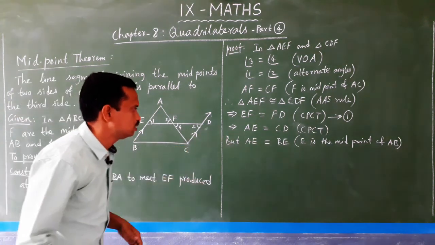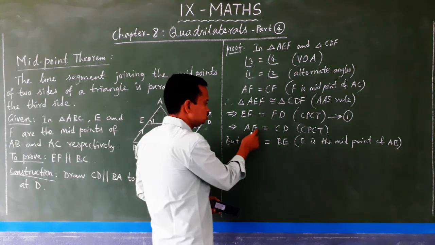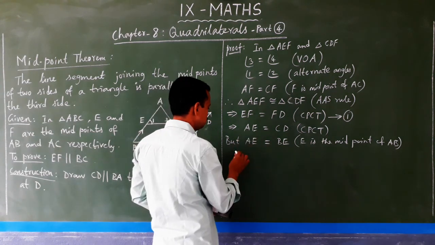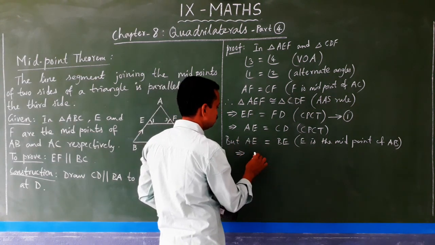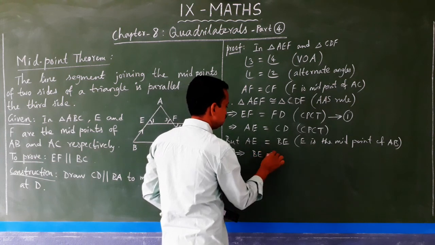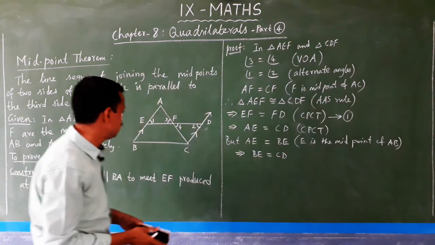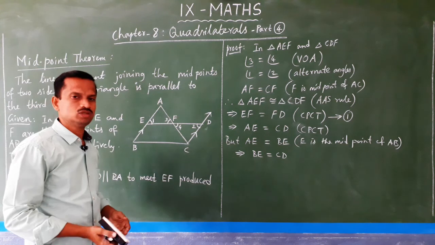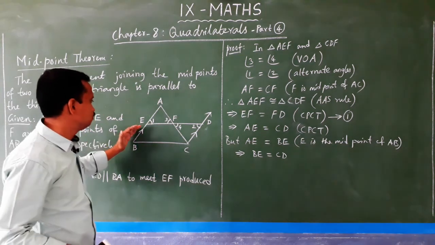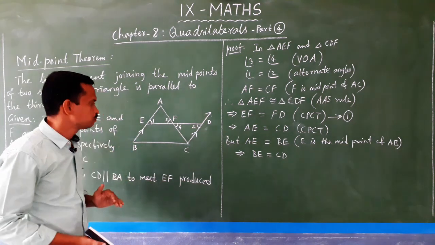That is what I am writing here. So with these two equations, this implies BE is equal to CD. Am I right? BE and CD are now equal.